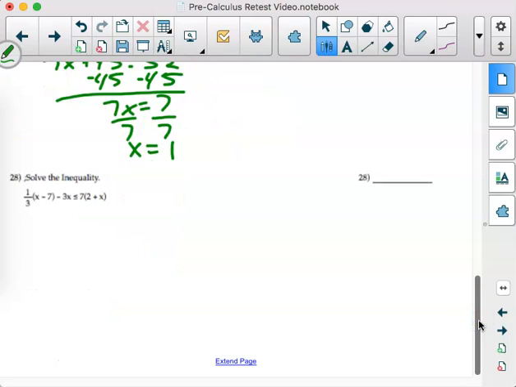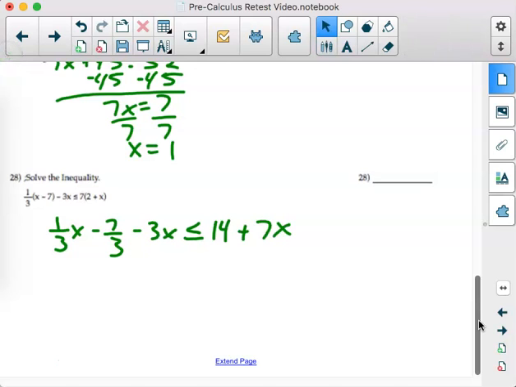Now, number 28. This one caused people a lot of trouble because of the fractions. So here's what you can do to take care of that. Distribute the 1/3. Distribute the 7. Now, before you do anything else, if you don't like working with fractions, here's what you do.